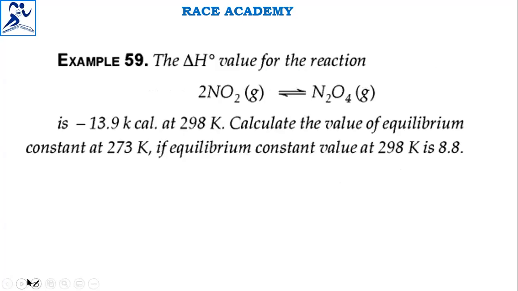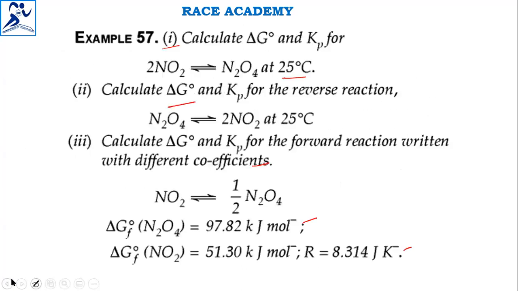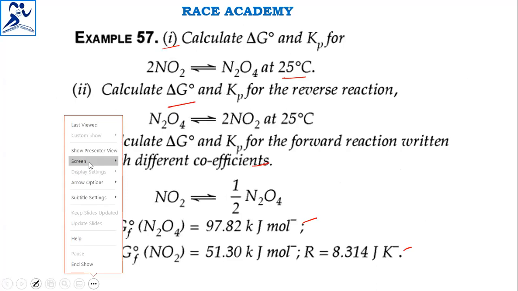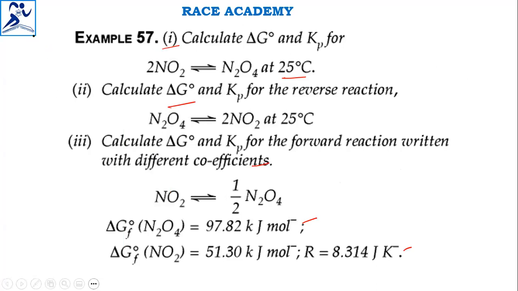First, the delta G naught value of the first equation, 2NO2 gives rise to N2O4, we got as minus 4.78 kilojoules.